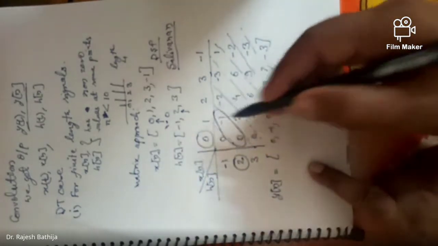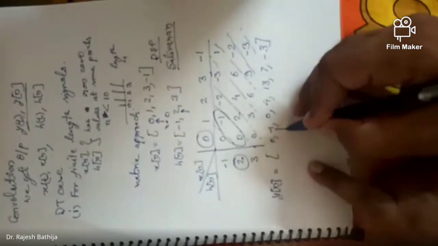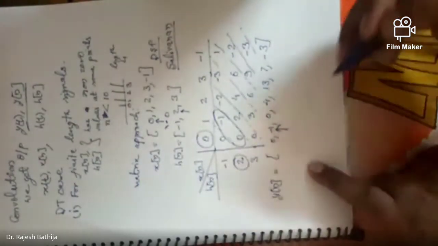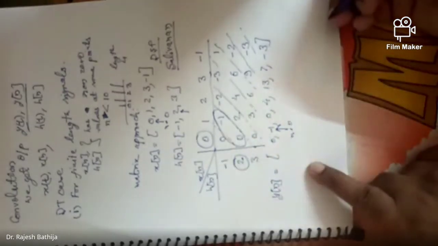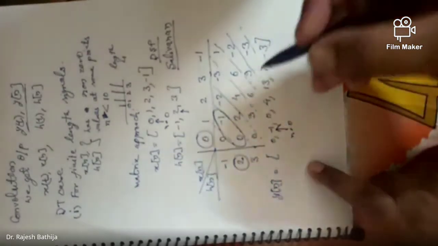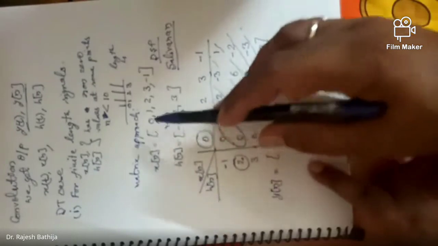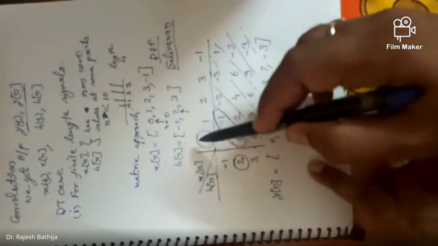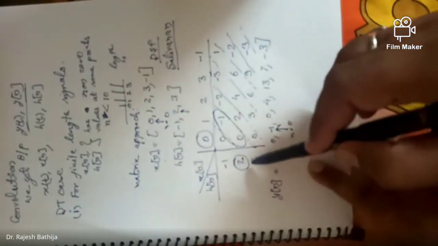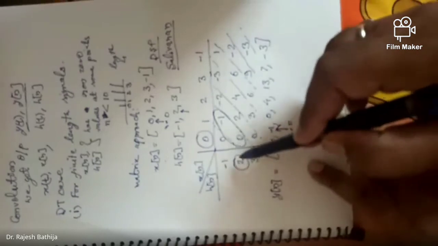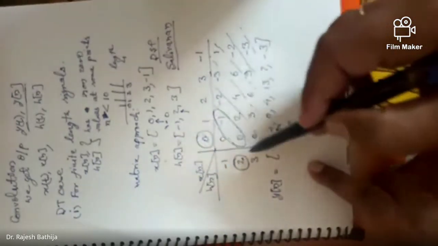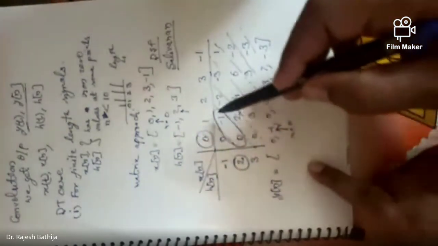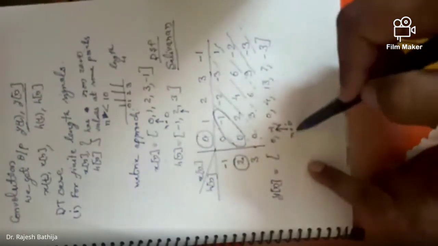And this circle resulted in this value, so we make an arrow over it. So this is my n equal to 0. Right? See again, if you missed it: the x of n 0 point is this, so we circle it. The h of n 0 point is this, so we circle it. Wherever this multiplication is coming in the diagonals, we circle that diagonal, and the result of that diagonal is the n equal to 0 point.